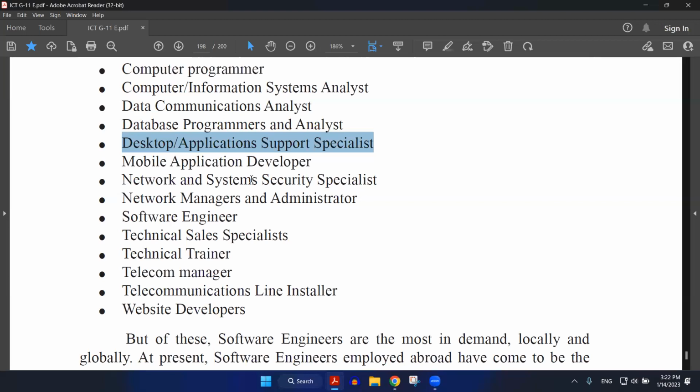And the telecommunication manager and the telecommunication line installer are the people who go around the field in the physical world. So in case you are getting a new internet connection, they are the people who visit the particular place and provide you the facility, right? And there is a whole new sector about website development.